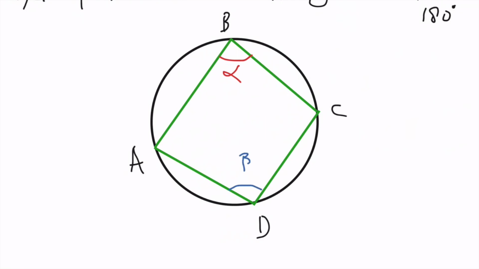Okay, so how do we prove that? Again, we'd like to draw the radius angle at the center of the circle. Okay, so let's do that.